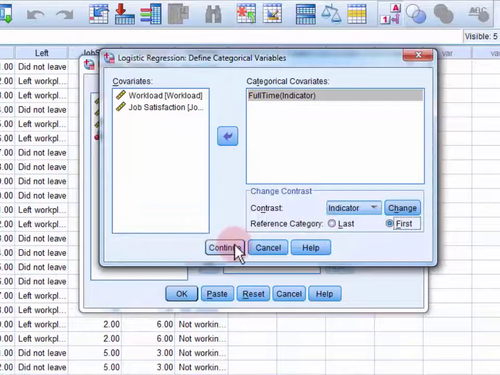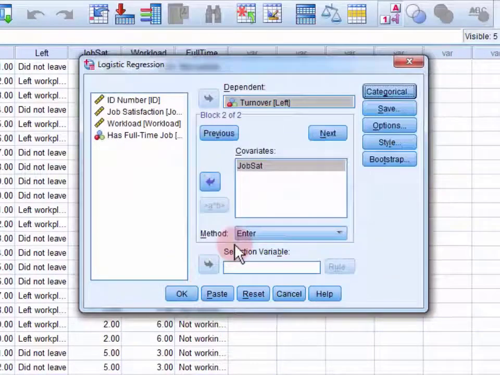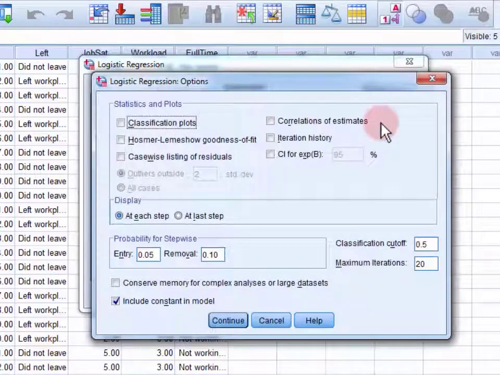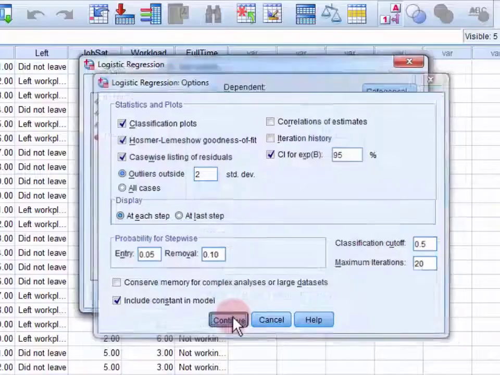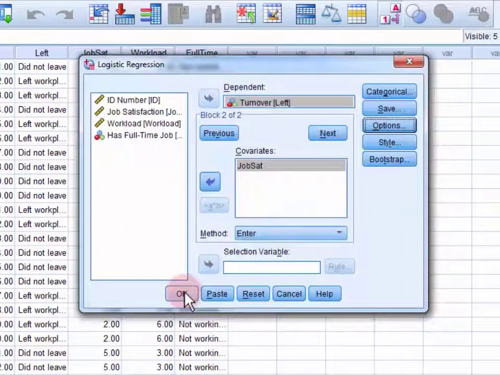Click Continue to close the menu. Next, open up the Options menu, and we want to select Classification Plots, Hosmer-Lemeshow Goodness of Fit, Casewise Listing of Residuals, and CI for Exp(B). Click Continue to close the menu, and OK to run the logistic regression.